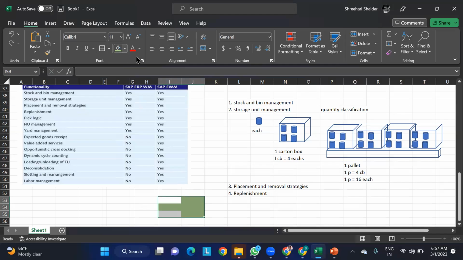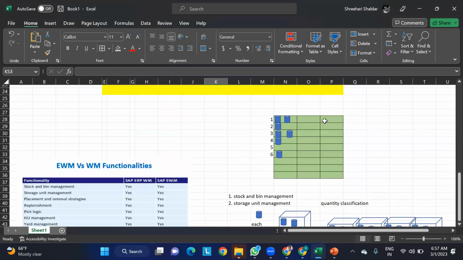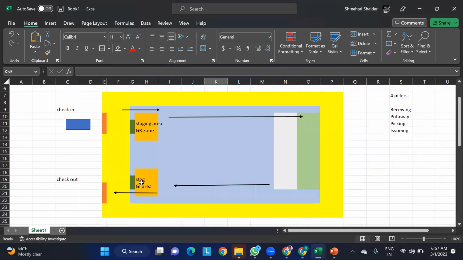Why do we need replenishment? Because in the warehouse, let us consider goods issue, or else we can consider malls. At the bill counter, they keep chocolates.